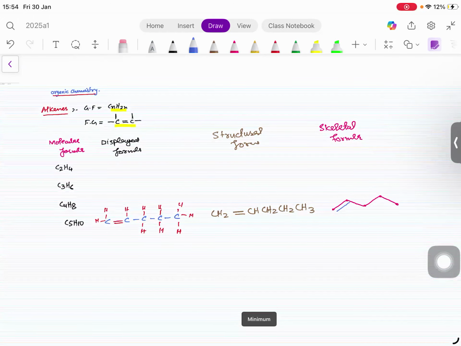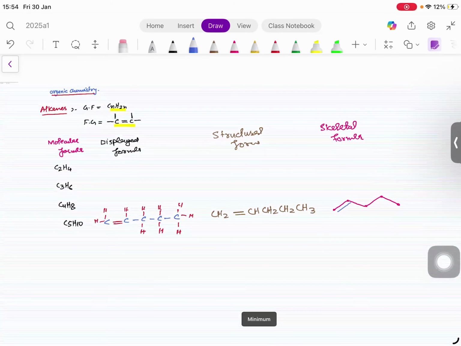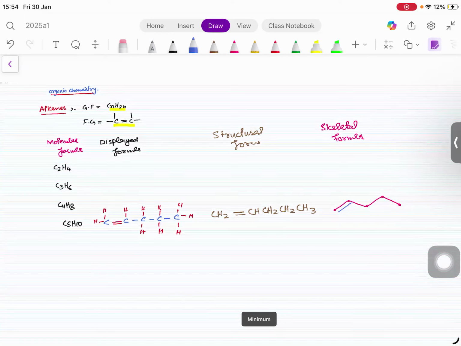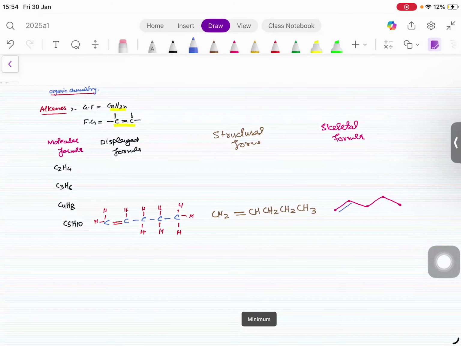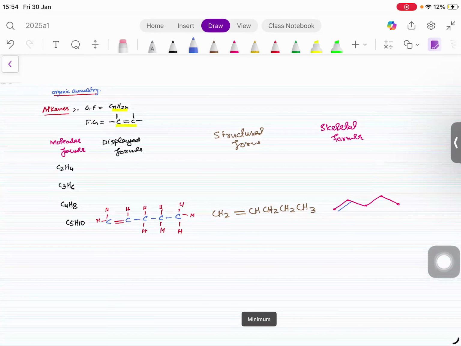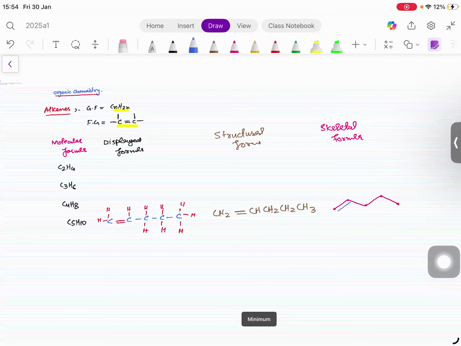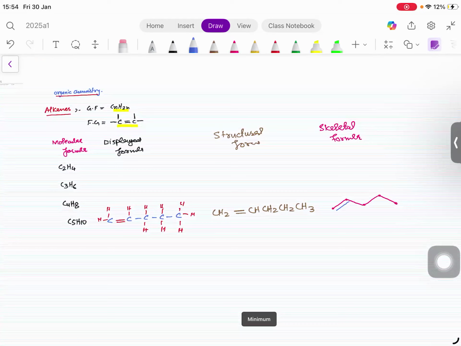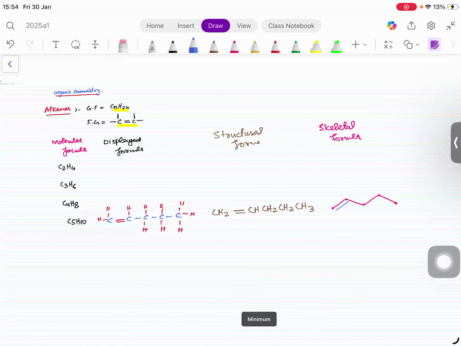Is it clear? We don't have to make those dots. Dots are just initially to learn it. Otherwise, you don't need to draw the dots. ये मैं भी सिर्फ इसलिए draw कर रहा हूँ ताकि आपको आ जाए, and you can imagine that there is a carbon. I draw the dots, not the carbon.